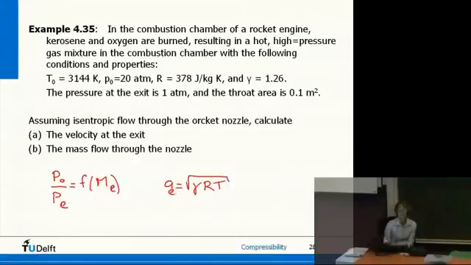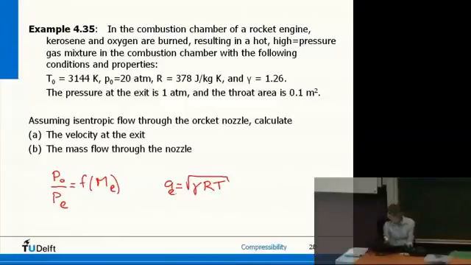We need the temperature at the exit. Do we have the temperature? No. Can we find the temperature? Yes? The equation of state is an option, but we don't have the density either, right? So what relation can we use to find T at the exit?